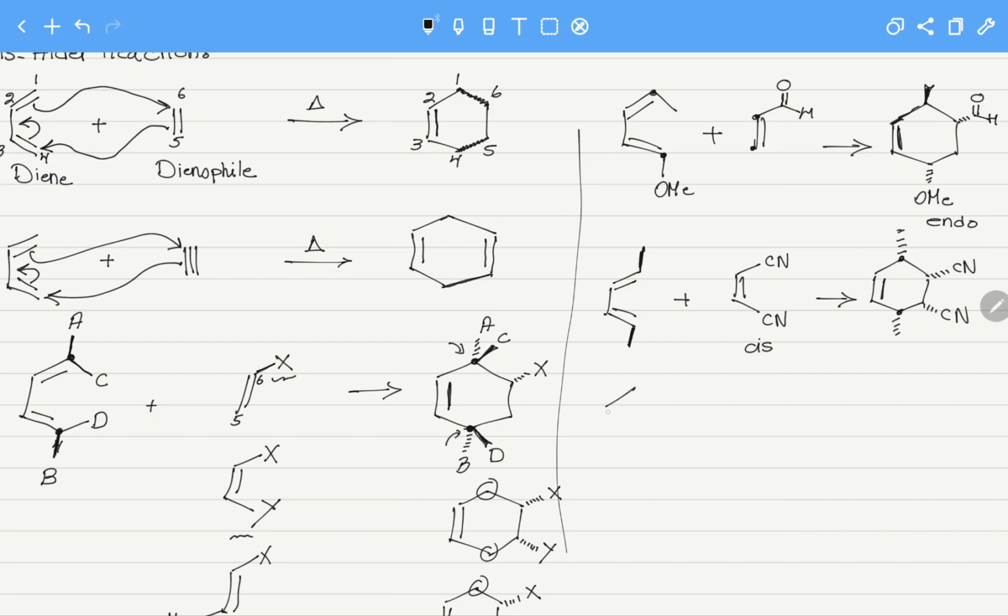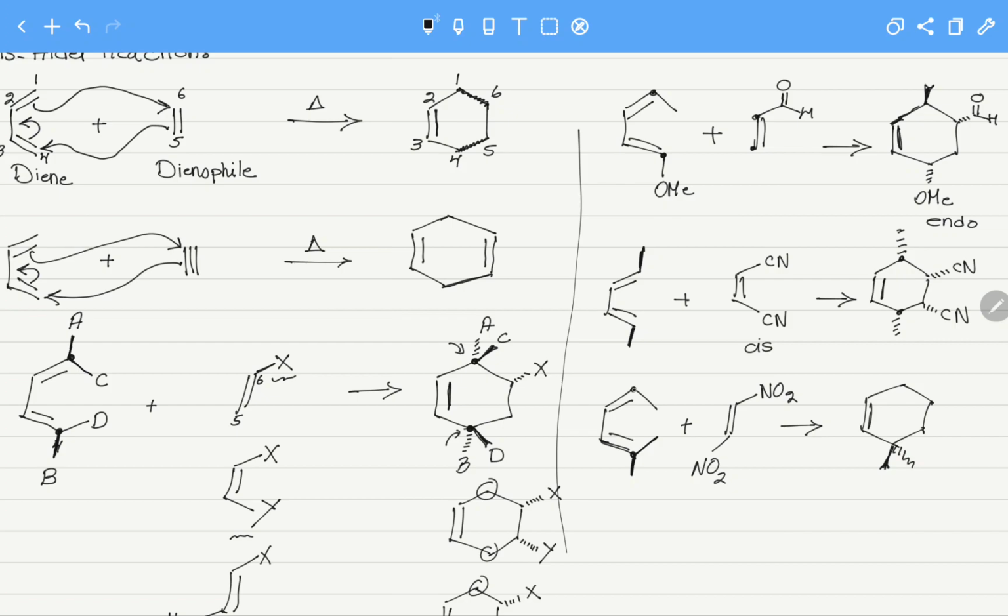In case you were given a diene which has, let's say, 2 groups on the inside and 1 to the outside, and then we had a dienophile which is trans, then draw the 6-membered ring, move the double bond to the new position. Here we have 2 branches, one to the inside, one to the outside, so we will have a wedge and a dash at the same carbon.